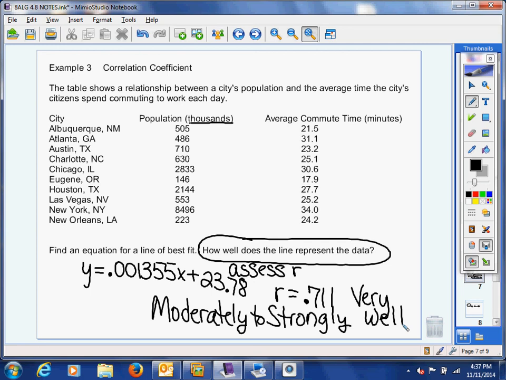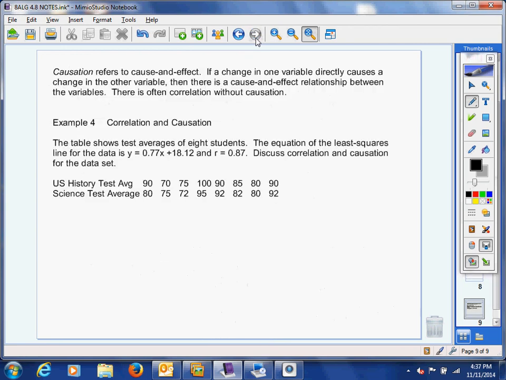So this line does represent the data very well, okay? So I wanted to give you a couple ways to assess that R. We know it's moderately to strongly, and I forgot to put positive. It is a positive number. It's close to positive 1. And in fact, if I graph this data, it should be clustered leaning right. So that's definitely true.